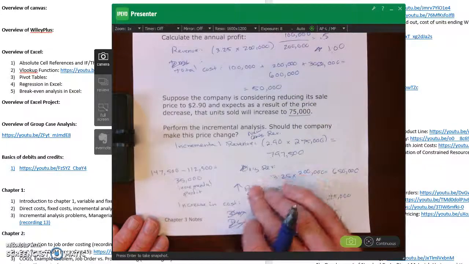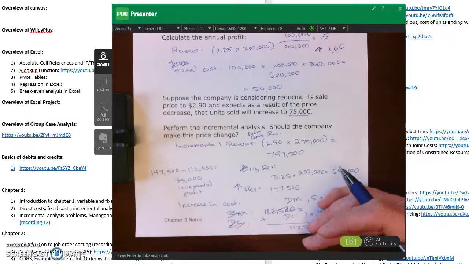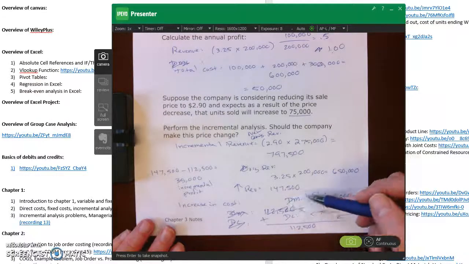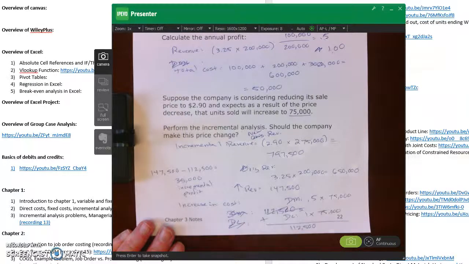It's not included down here because we would have it in the original scenario and we would have it in the new scenario. So it just doesn't matter. So we exclude it. We only look at the direct materials and direct labor costs because those are the ones that are incremental. And in this case, they're incremental because they're variable costs.